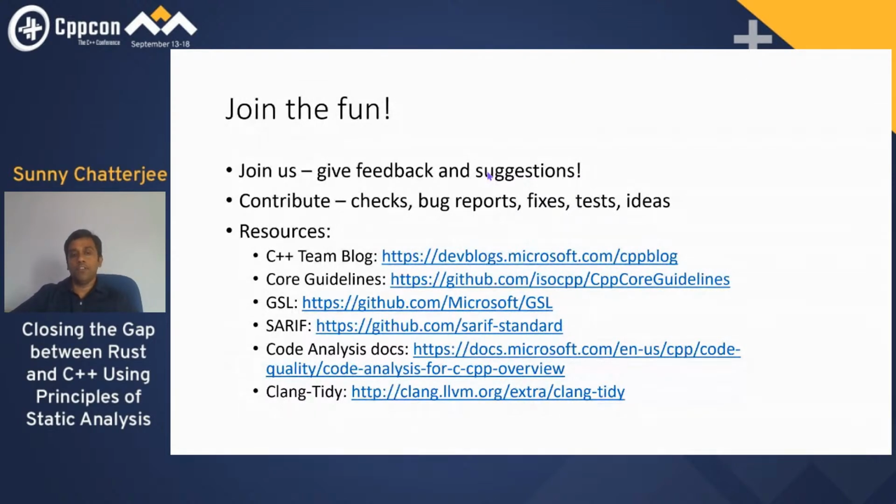So we would urge all of you to take a look at the guidelines, take a look at our GSL library, where we have a lot of interesting discussions on how we can make this guideline support library more effective in helping people write modern and safe C++.